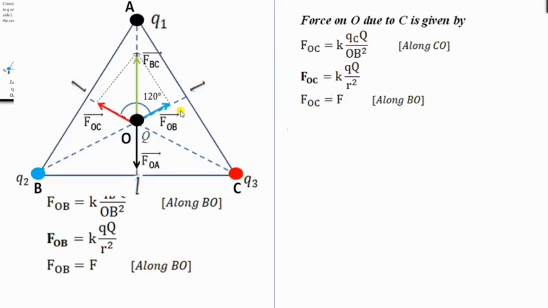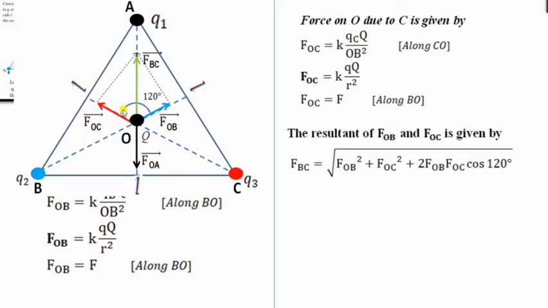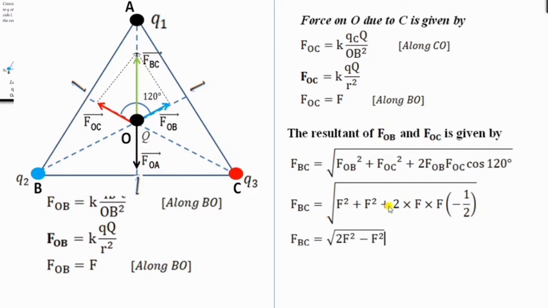Now this is the diagram. Now we'll first find the resultant of FOB and FOC. So the angle between them is 120 degrees. So if you put the values, these 2 will get cancelled, and you are left with F. Now this F is in the direction OA.